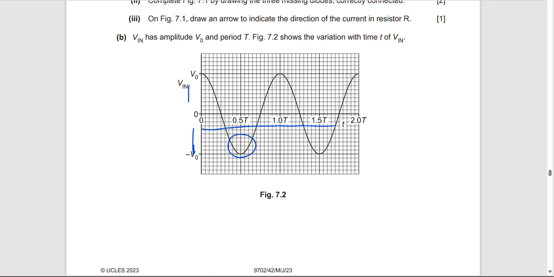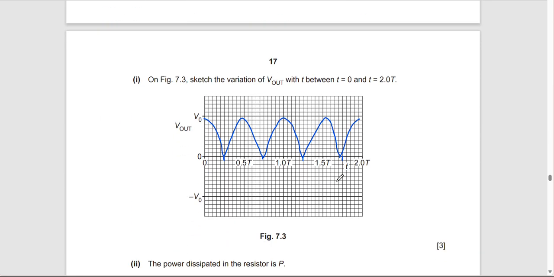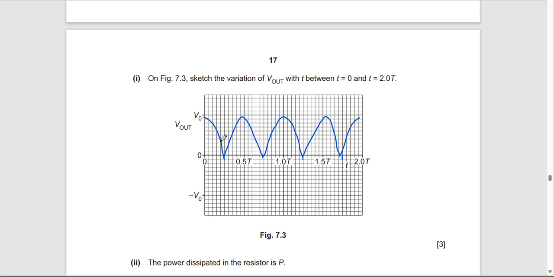So what happens to these? They become positive cycles, so they just reflect up like that. And that is what this graph that I'd already drawn is showing. You just reflect in the axis for time, and that would be your answer.